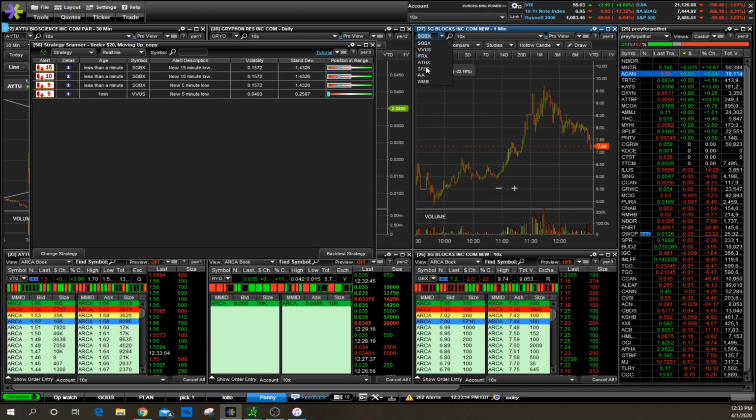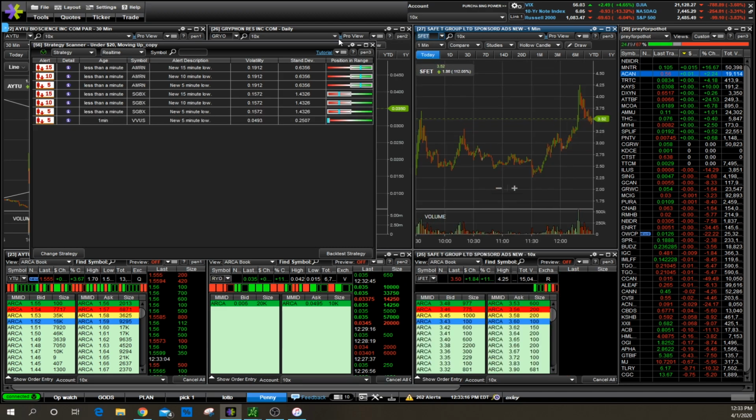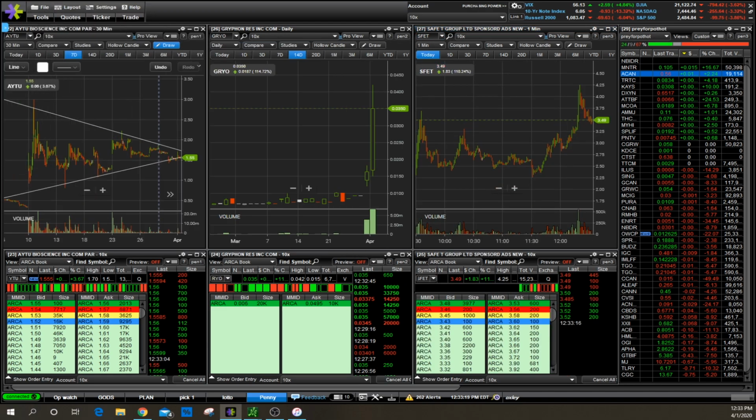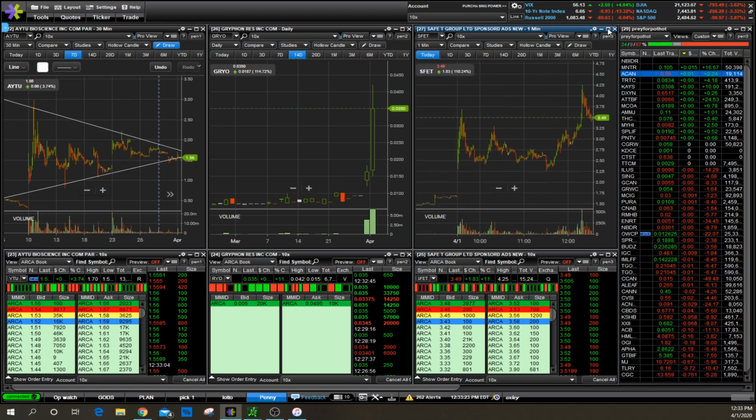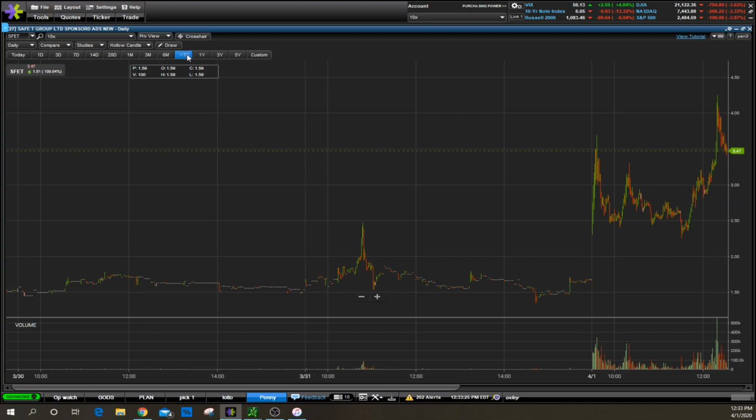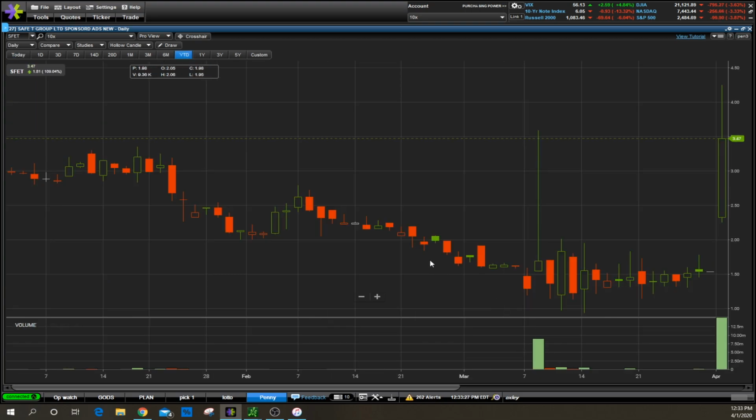But something I do like about this is that if there are any shorts in this, let me scale this out. So year to date, if there's anybody shorting this and this gap up, their shorts are in the red pretty bad.